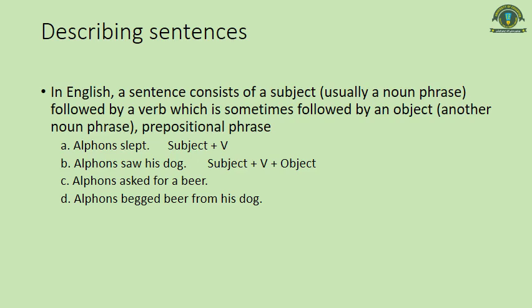In English, a sentence consists of a subject, usually a noun phrase, followed by a verb, which is sometimes followed by an object, or you can say another noun phrase, and another prepositional phrase, etc. For example, Alphonse slept.